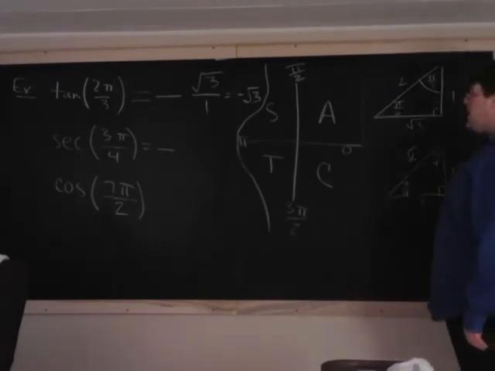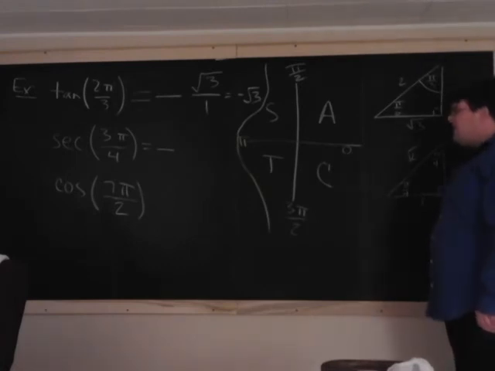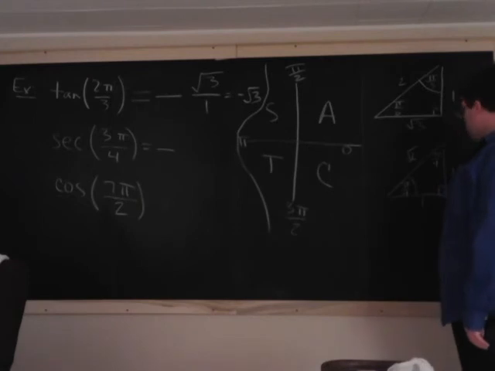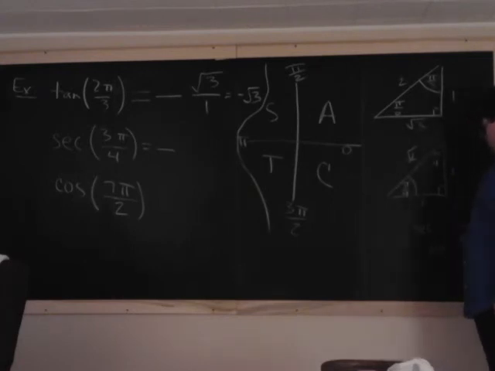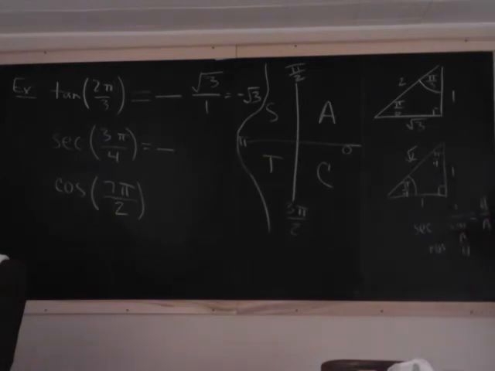So we want secant. Well, what is secant? Here's our angle. Let's mark the angle first. Secant is 1 over cosine. Cosine is adjacent over hypotenuse. So secant is hypotenuse over adjacent, because it's that flipped around.